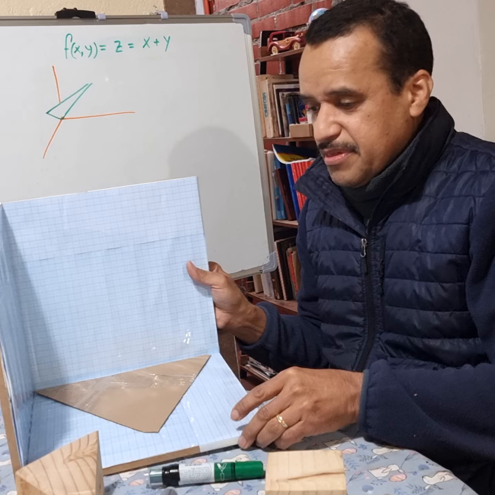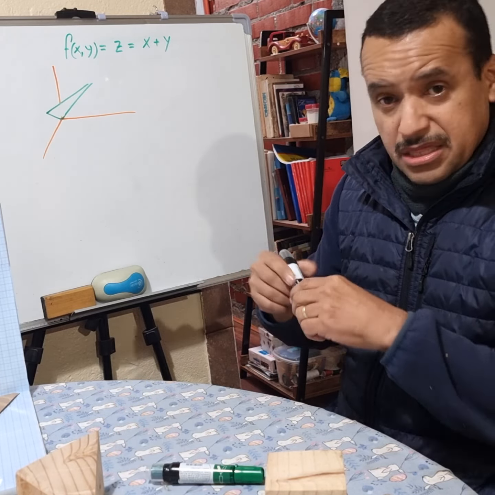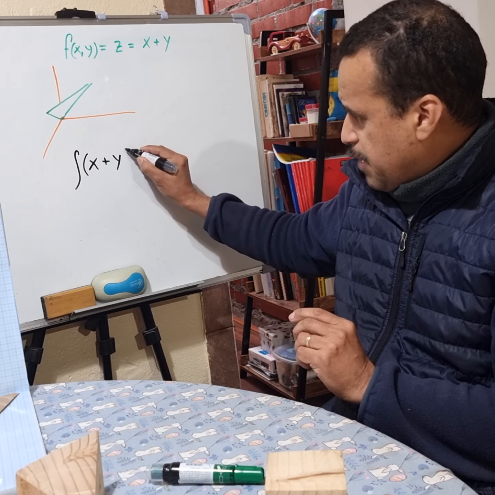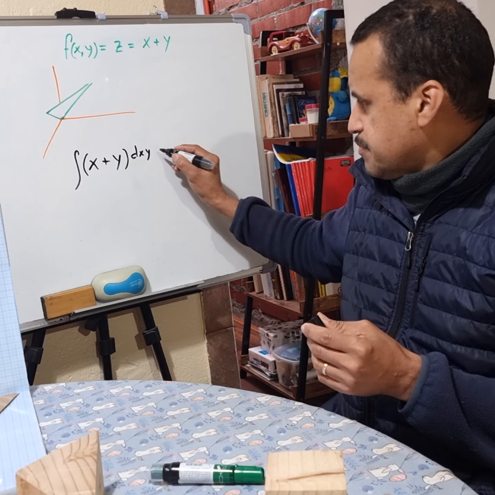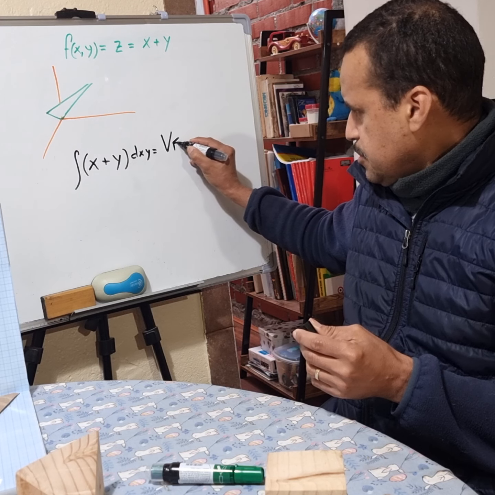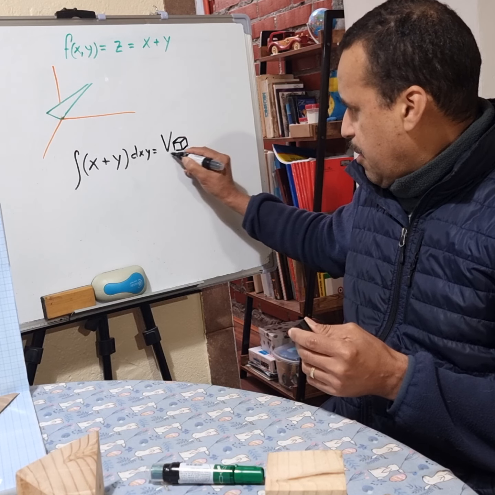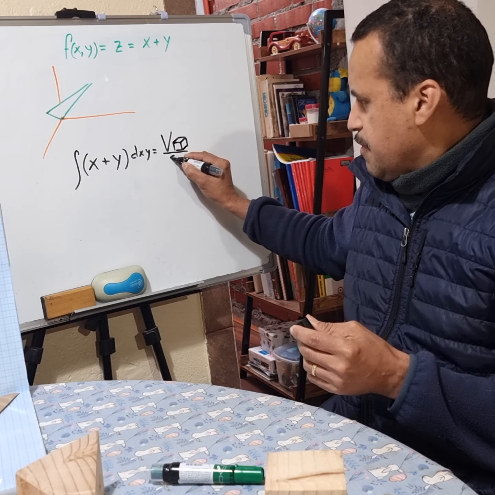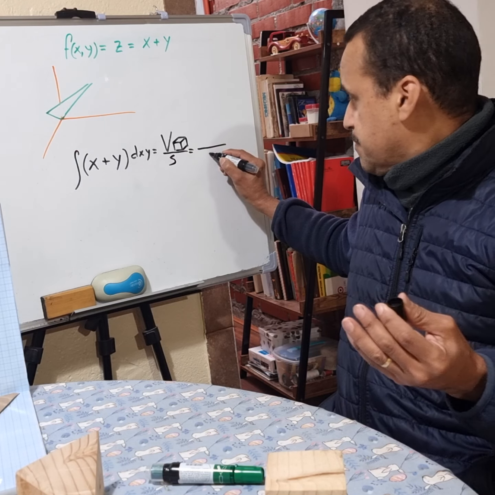Now we can write our primitive in this form: the integral of x + y, with a bracket, d(x,y), which is a new notation, is going to be the volume of the cube divided by the symmetry of the identity function. And this symmetry we know is 3.